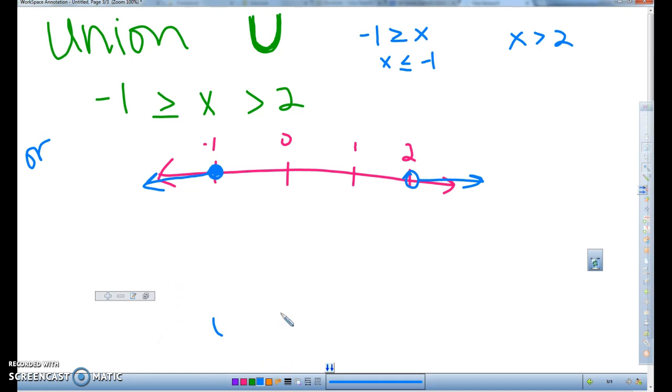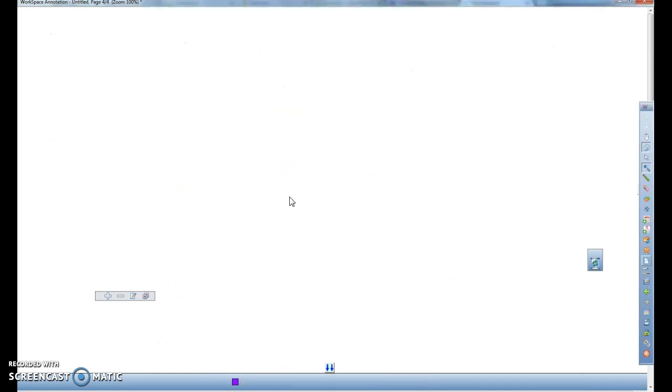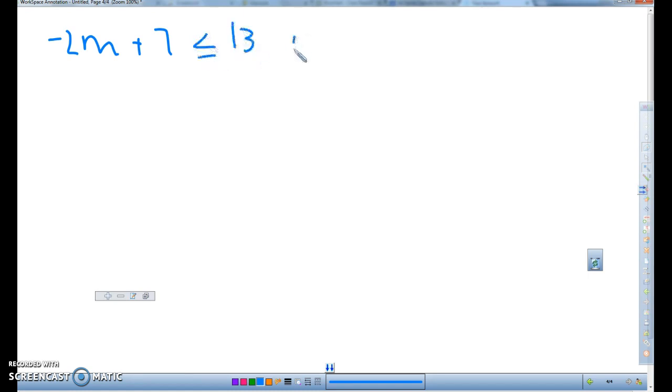So let's go ahead and try to solve and graph a union. So we'll have -2m plus 7 less than or equal to 13. And that might be true. Or 5m plus 12 greater than 37 might be true. I'm going to solve both and graph them. Notice automatically we see the word or, so I'm already thinking union in my head.